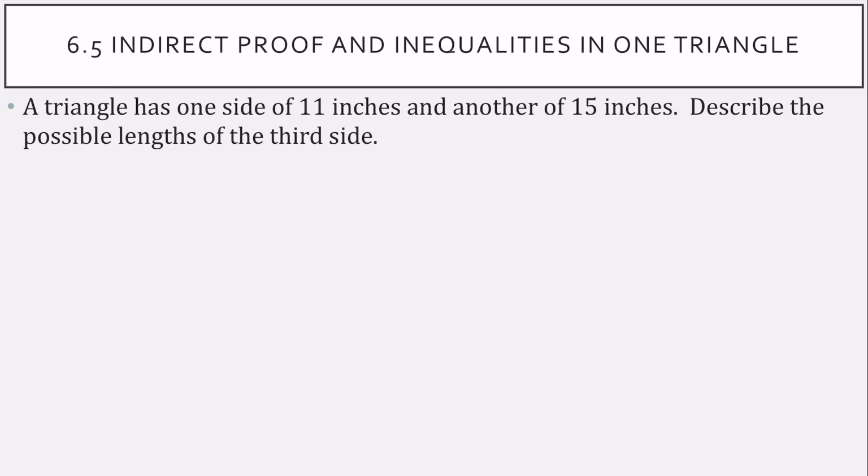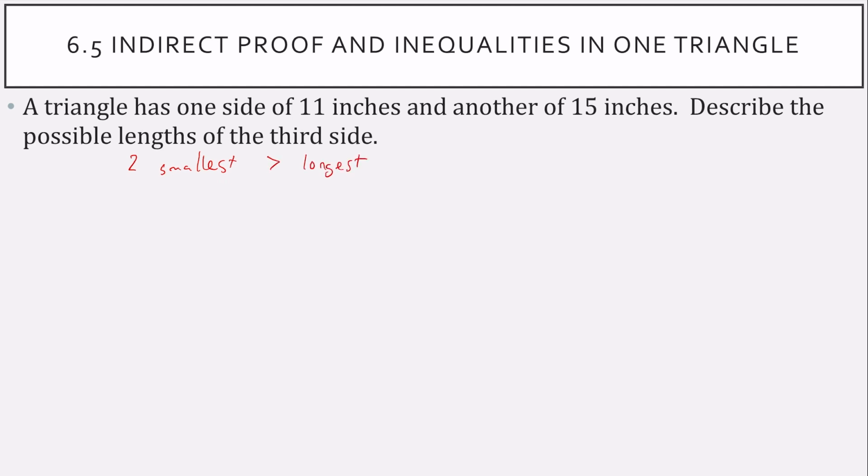A triangle has one side of 11 inches and another of 15 inches. Describe the possible lengths of the third side. Well, let's see. We want the two smallest to be greater than the longest.